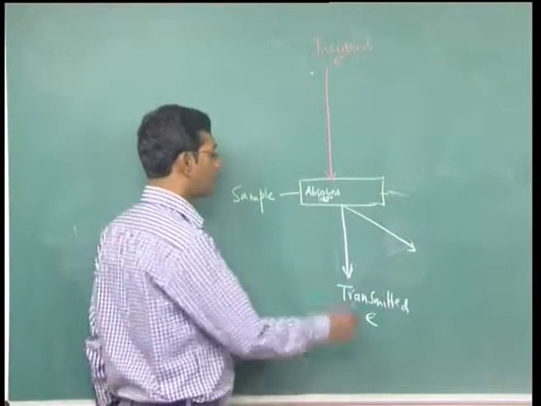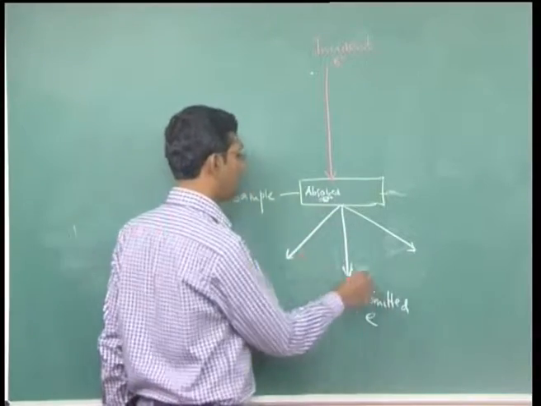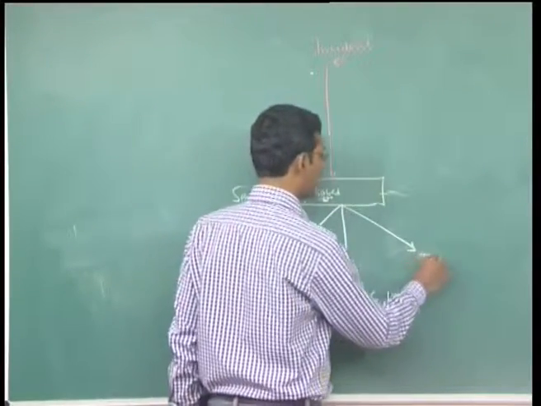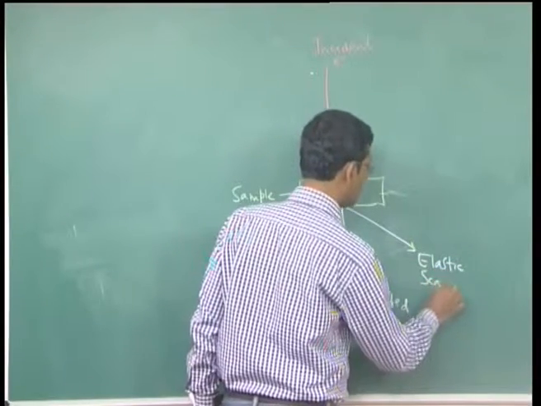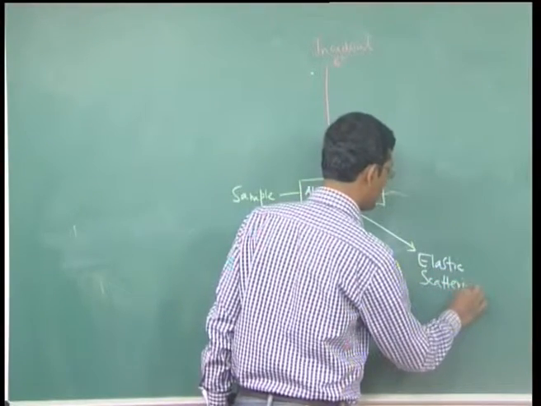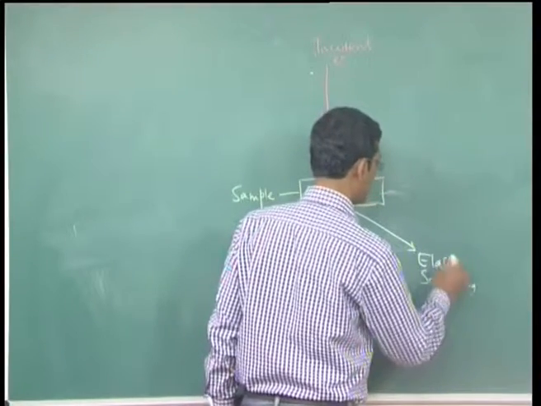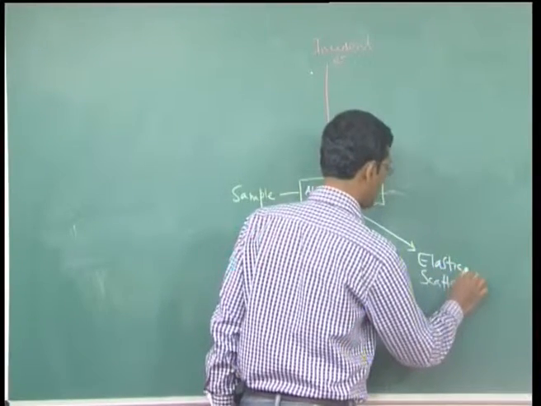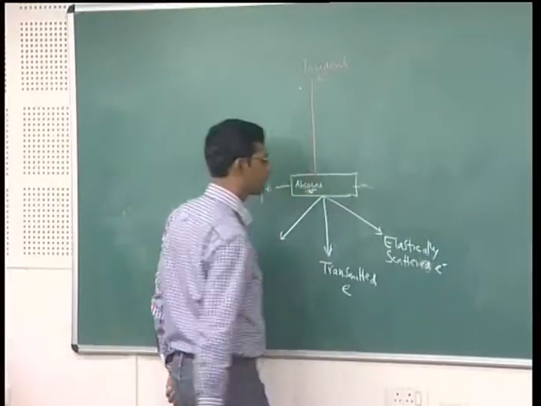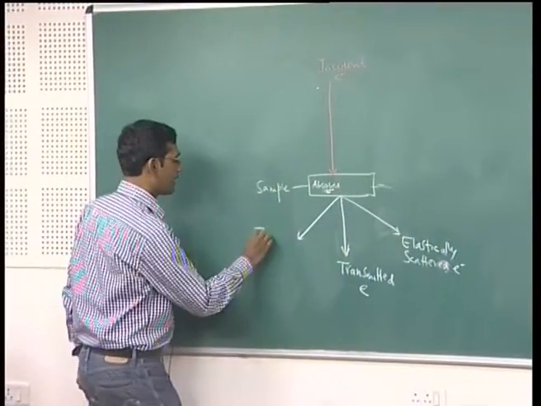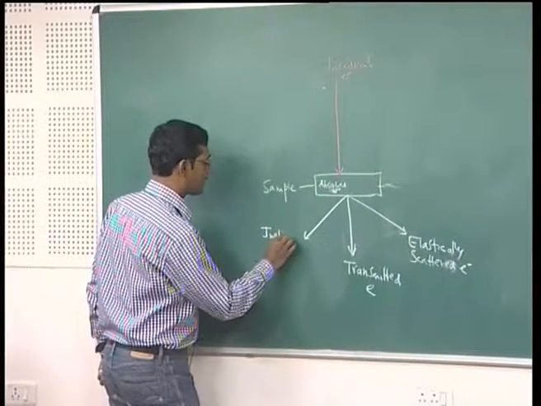These electrons can be of two types: one which undergoes elastic scattering, the elastically scattered electrons, and the other, inelastically scattered electrons.